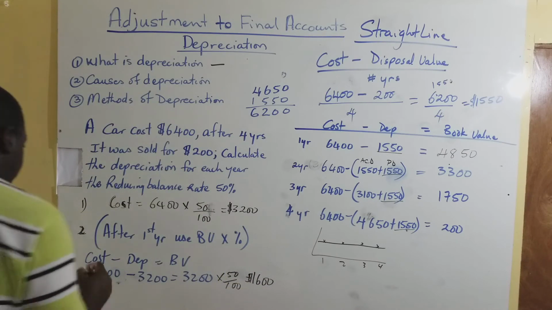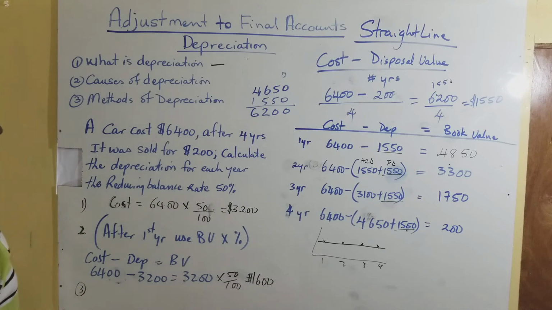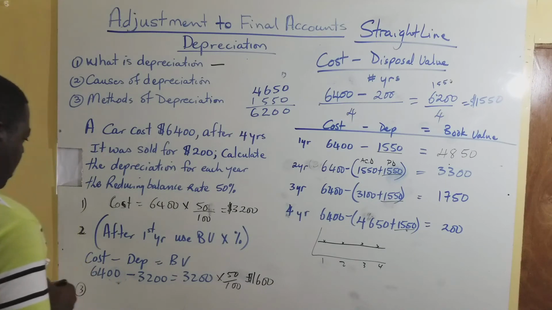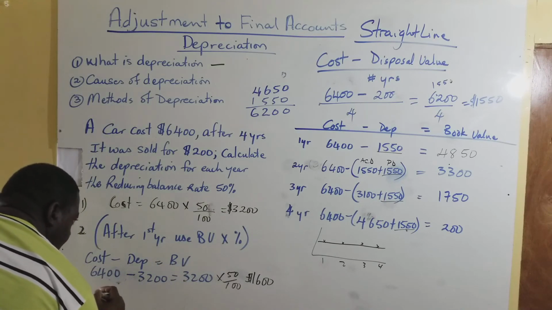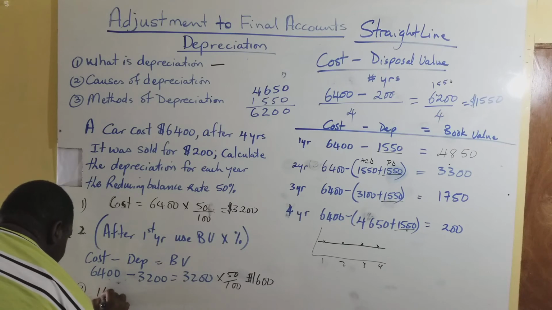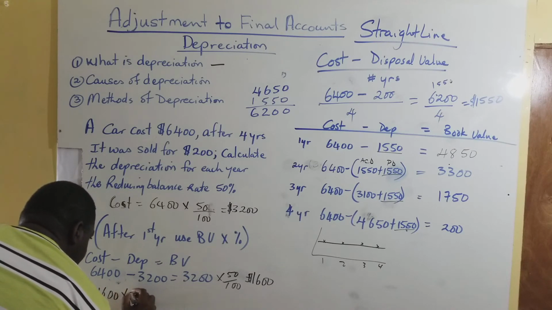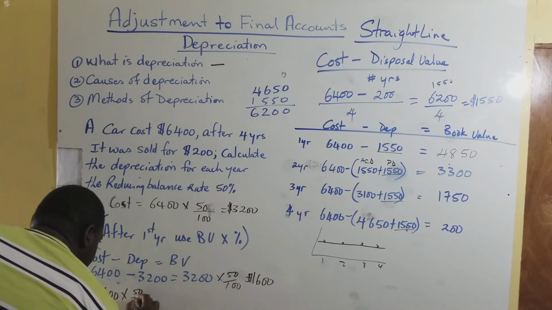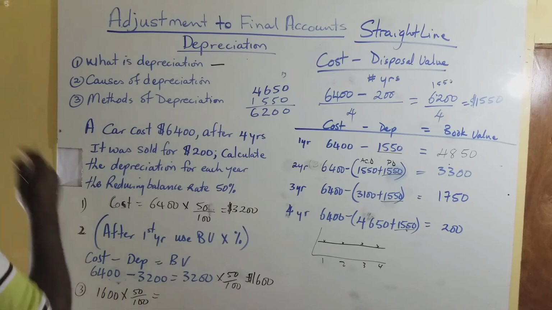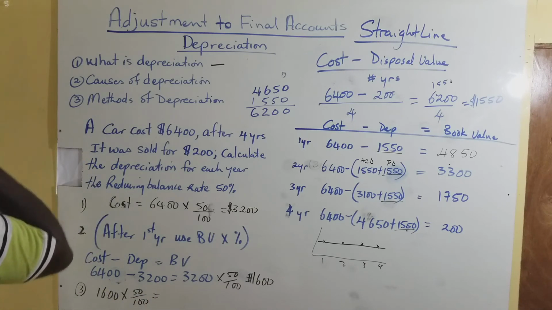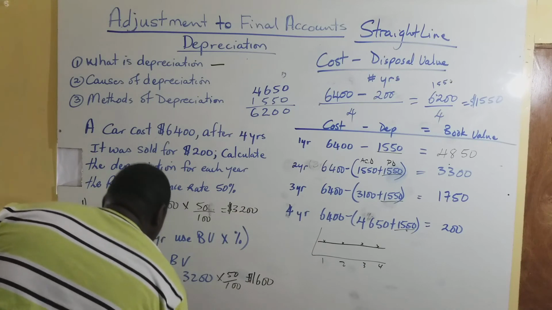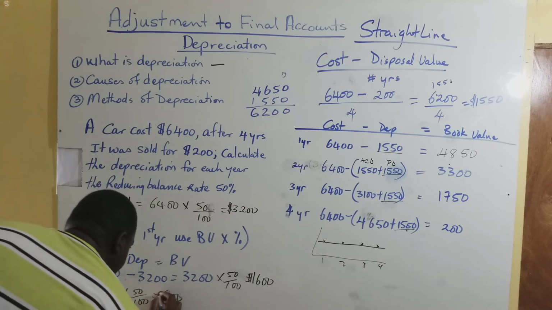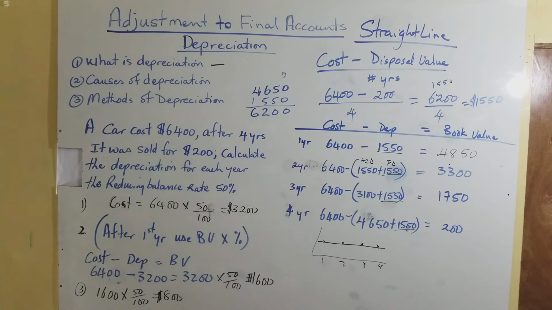For the third year, we again use the book value, so it's going to be the 1,600 times 50%, and that now is going to give us 800. 800 would be the depreciation for year 3.